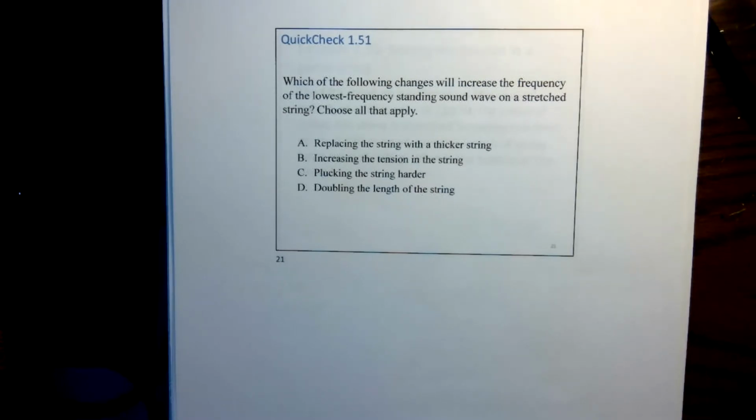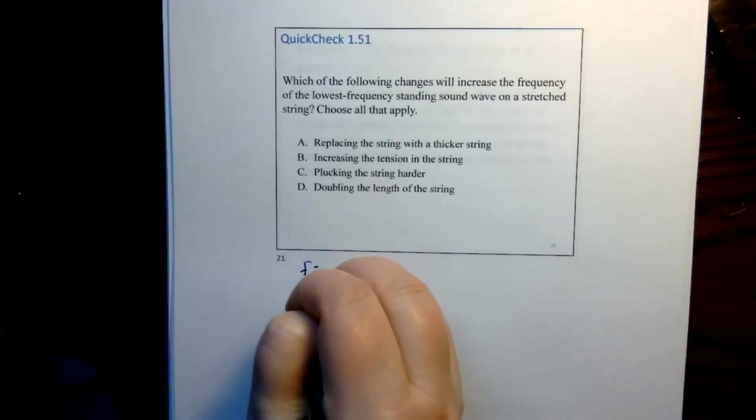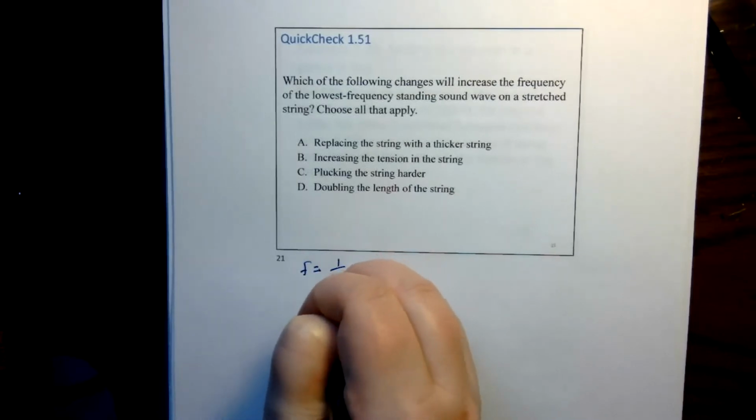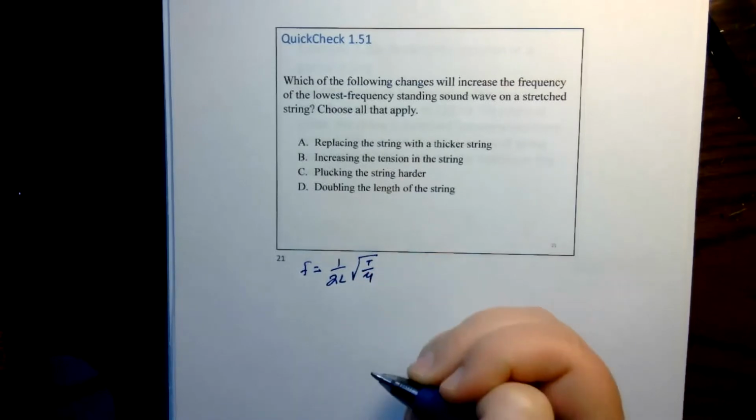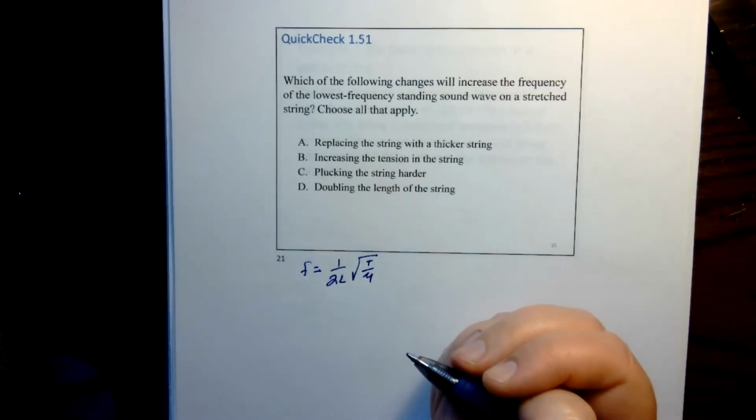We're talking about changing the frequency. We know the frequency f is equal to 1 over 2L square root of T over mu. If I replace a string with a thicker string, what am I changing?